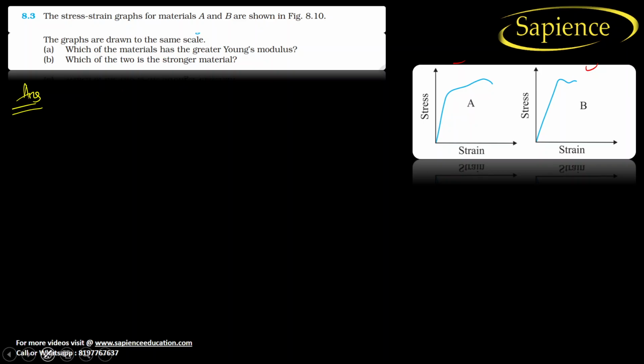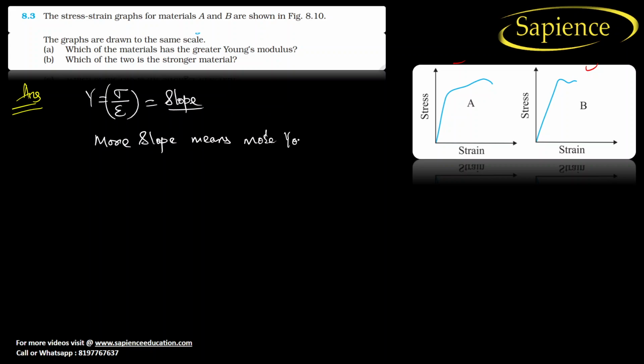We know Young's modulus of elasticity is stress by strain, which is equal to the slope. So when we check which has more slope, more slope means more Young's modulus of elasticity.